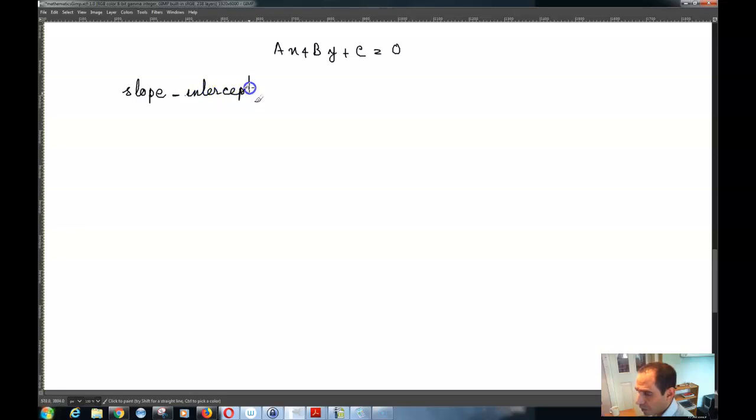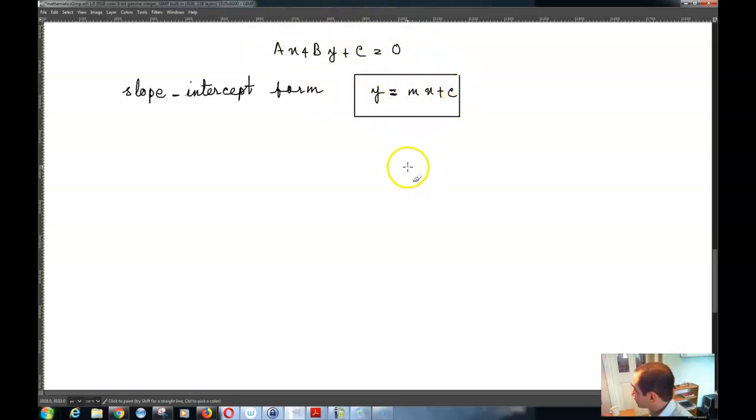The slope-intercept form is when you have the equation of your line in the form y is equal to mx plus c. We have had several equations in this form. Now, if you make some changes to this equation, you will have it in this form.